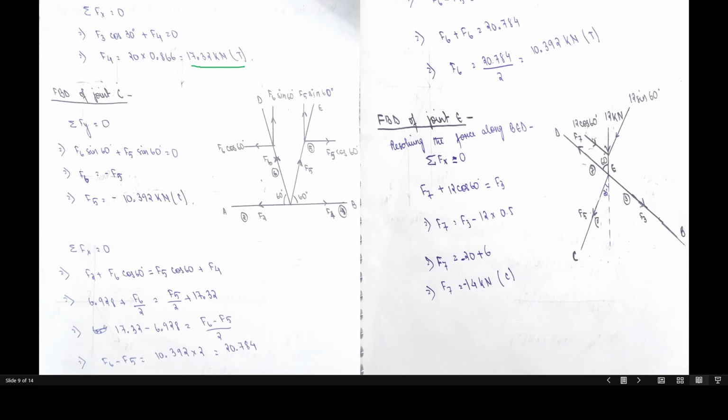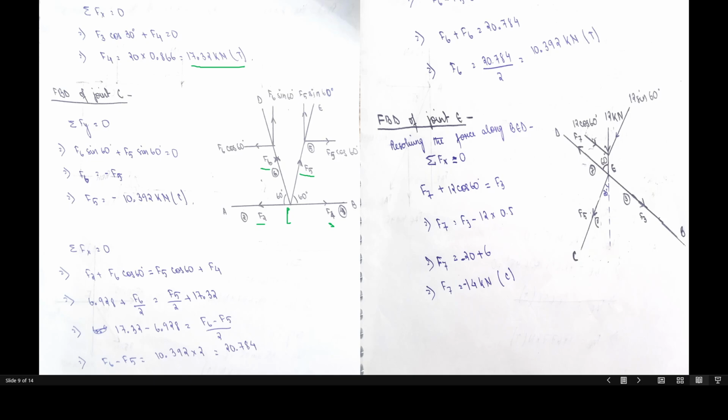Next, we'll find a joint that has only two unknown forces. So the joint C has two unknown forces, F5 and F6. There are two more forces, F2 and F4, but we already calculated them. So we can take this joint.